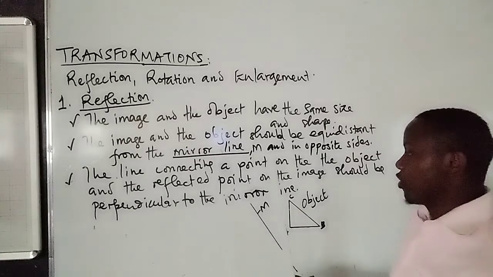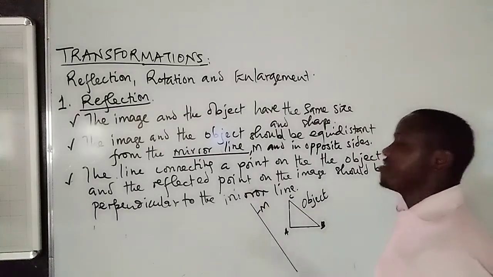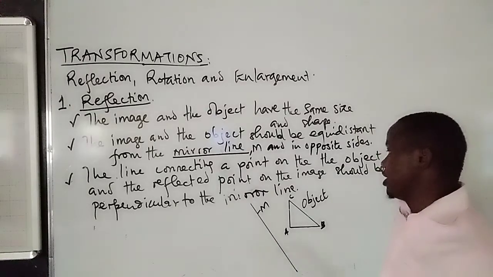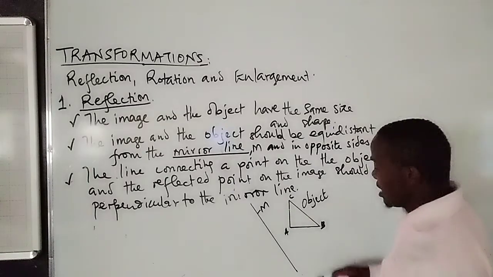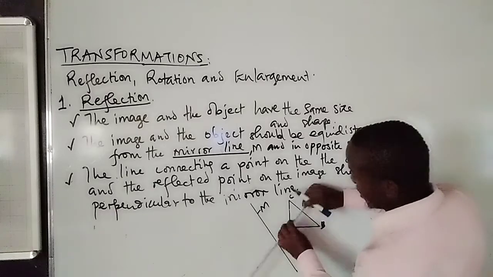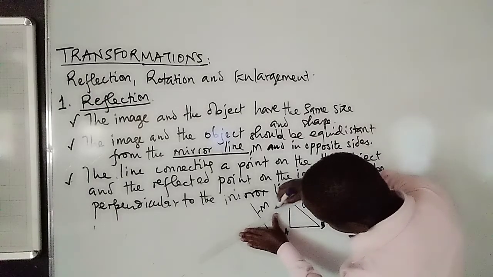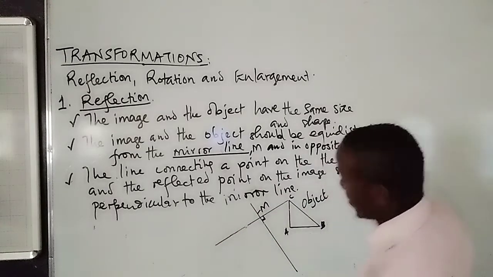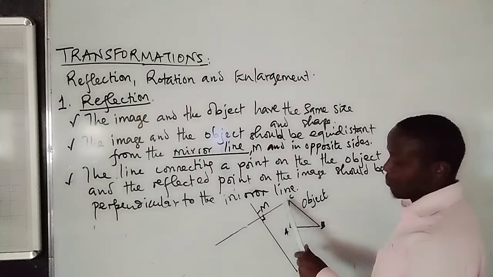Lastly, the line connecting a point on the object and the corresponding reflected point should be perpendicular to the mirror line. In other words, if you have to reflect point C for example, it should go perpendicularly to the mirror line. This should be done by using a compass or a protractor.